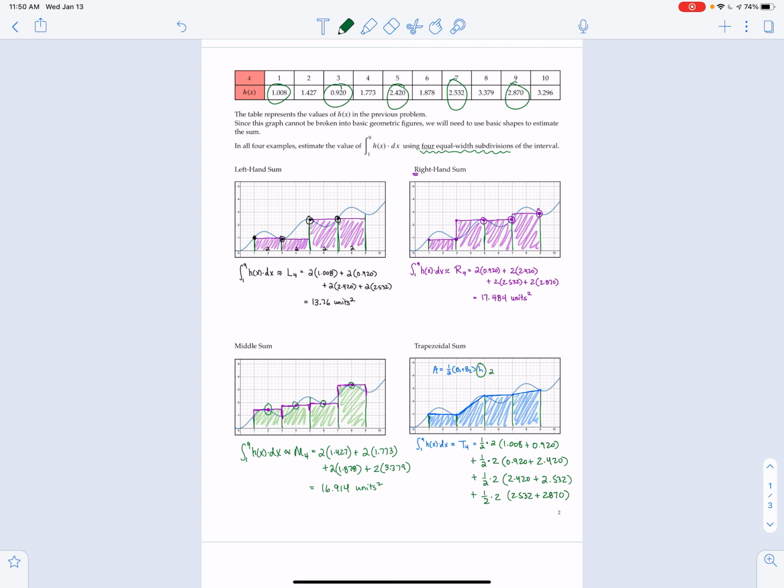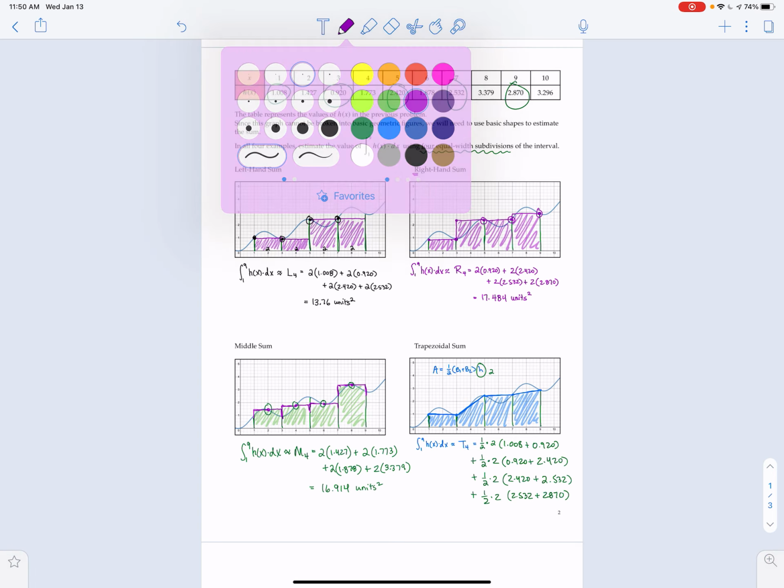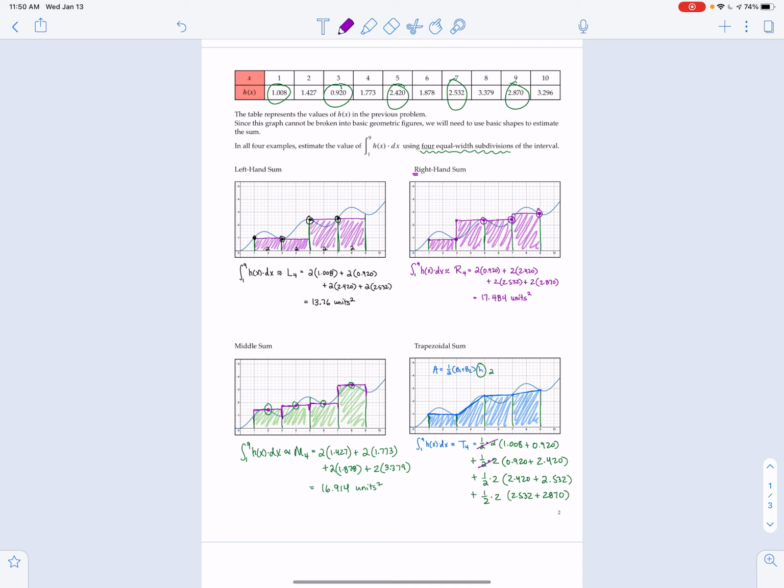And what happens in this particular problem, which is kind of nice, is that the 1/2s and the 2s cancel each other out. So I really just have to add up these 8 values, and that's what I'm going to do on my calculator right now.